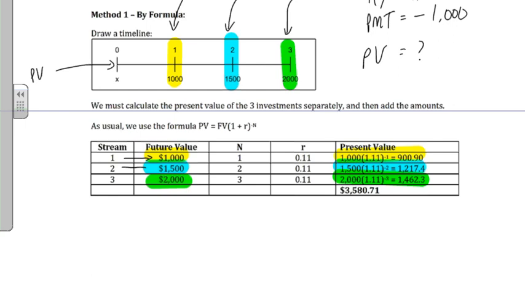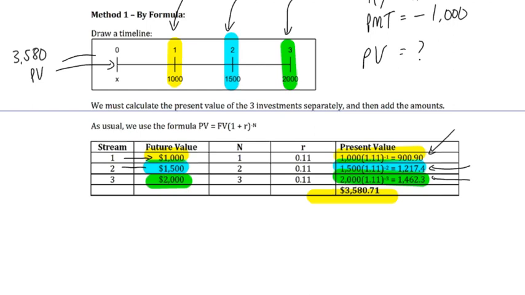Do a present value calc for time period 1, time period 2, and then again for time period 3. Do your present value calcs individually and then sum them together, and you'll be able to tell me, oh, okay, I'm prepared to pay $3,580 here, time period 0, in order to receive $1,000 in year 1, 1,500 in year 2, and then $2,000 in year number 3.